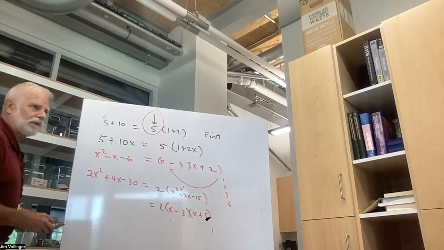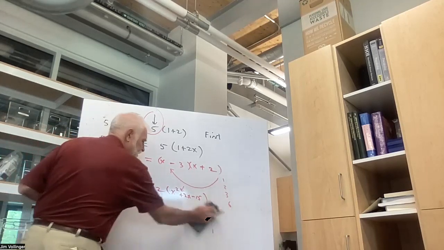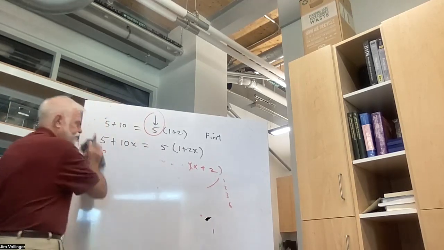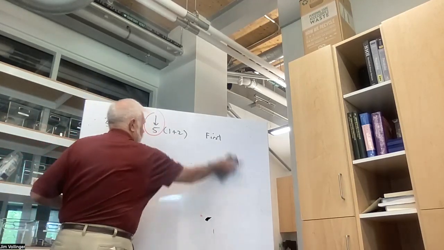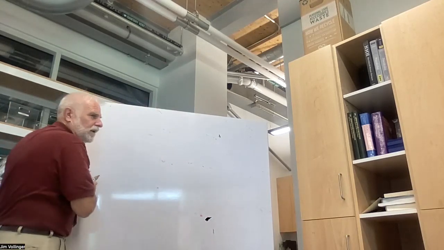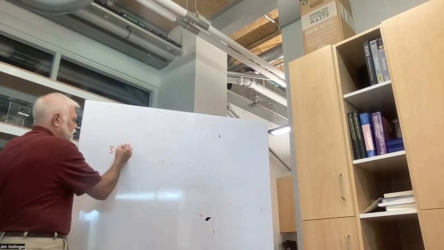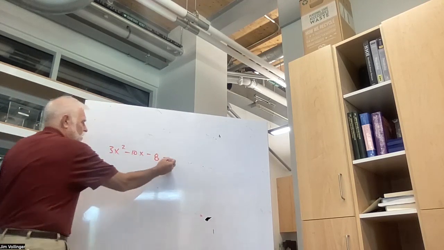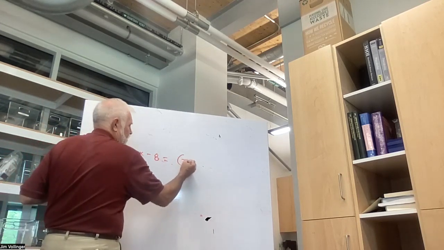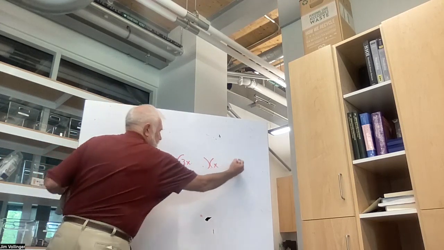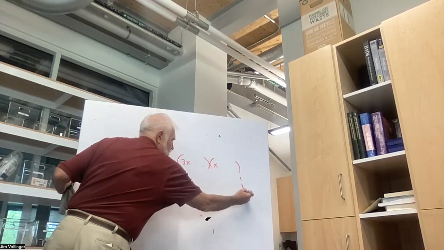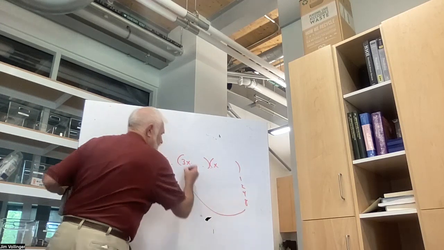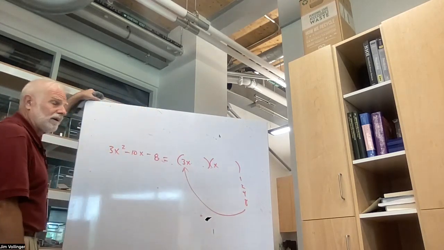All right. And then we've got 3x squared minus 10x minus 8. 3x squared minus 10x minus 8. And I'm doing these quickly, but you can take more time. Well, we definitely know we've got a 3x, an x, and factors of 8: 1, 2, 4, 8. But I'm writing them here because those numbers are going to be 3 times bigger.